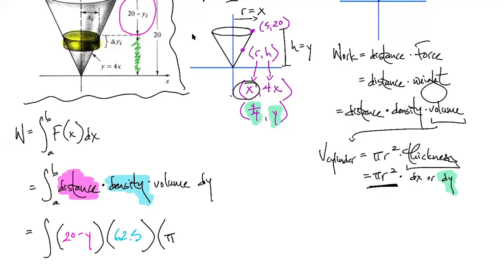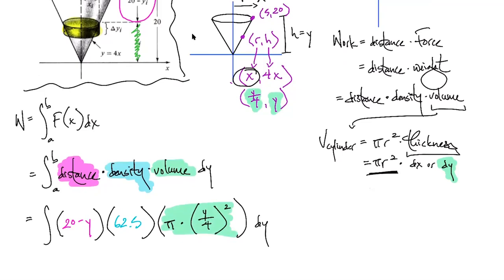Now, if I had a dx at the end, I would 100% put an x here. But since I have a dy at the end, I want to call it by its other name, y over 4, and square that. That will give me pi r squared. And then I have my dy.